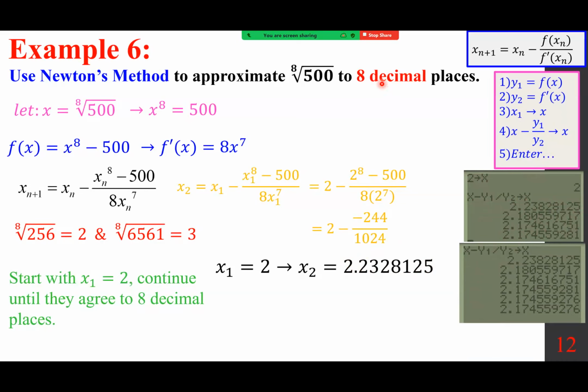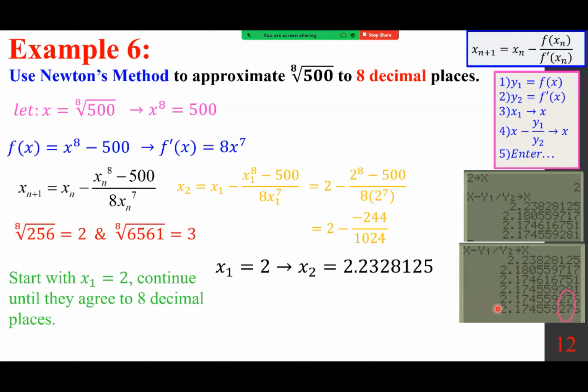So you look at those numbers until the first 8 are the same. Obviously, these two are not good, these two are not good, and it's getting better. Look at this area and notice, 1, 2, 3, 4, 5, 6, 7, 8. 8 of them are identical. Since 8 decimals are identical, this is where you stop.